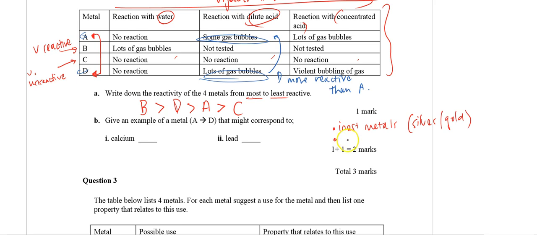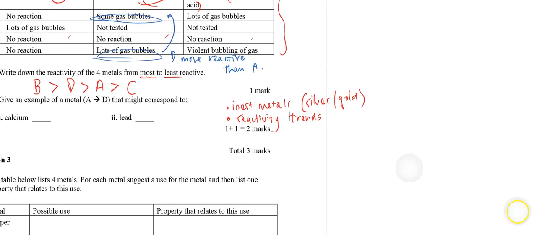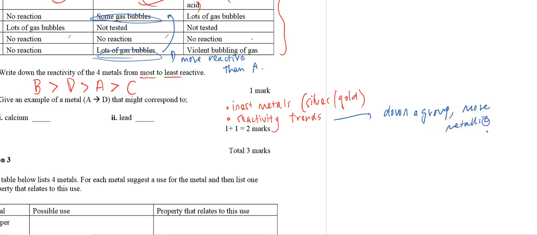And you need to know about reactivity trends. Okay? Now, just in general, reactivity trends, as you go down a group, you have more metallic character. Therefore, metals are more reactive.